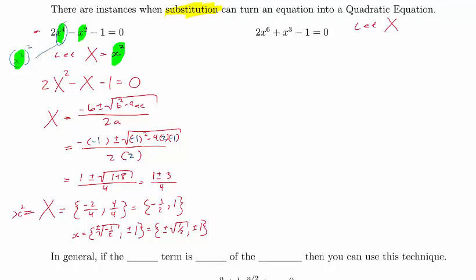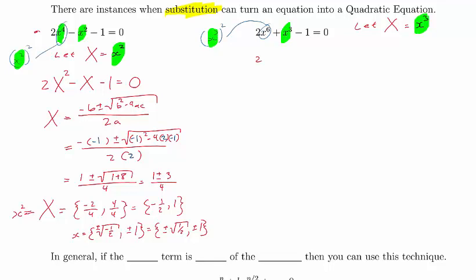This time we're going to let big X equal x to the third. And so you can see, this one right here is going to be x to the third squared. All right, so we can go ahead and make our proper substitution now.